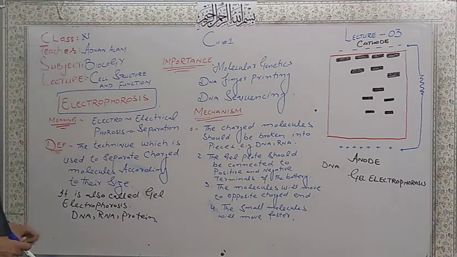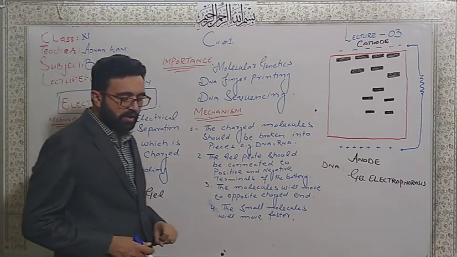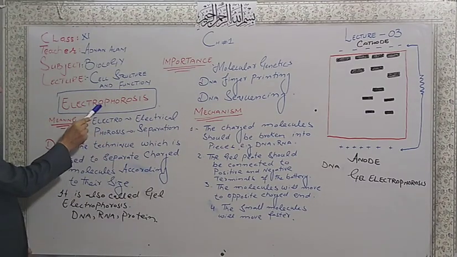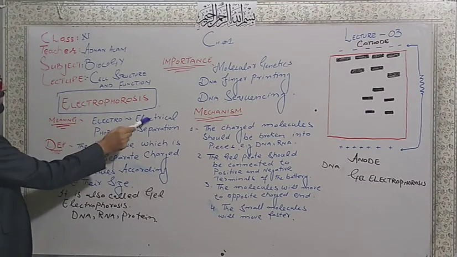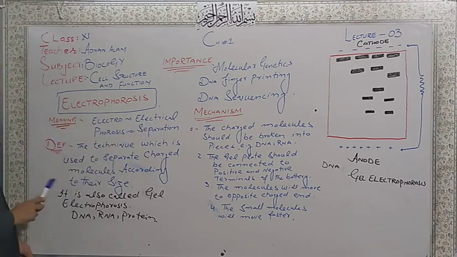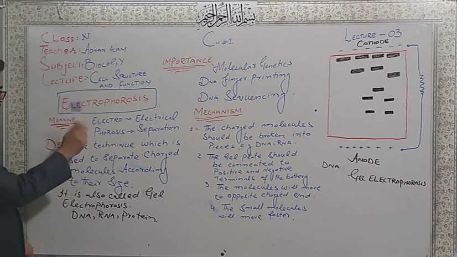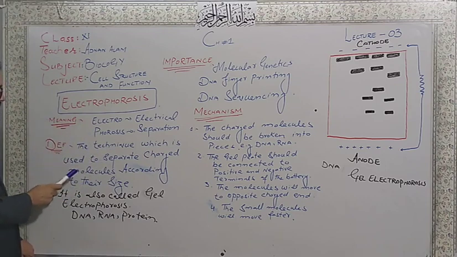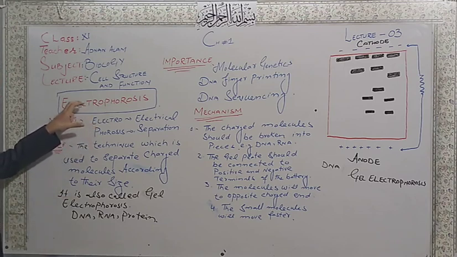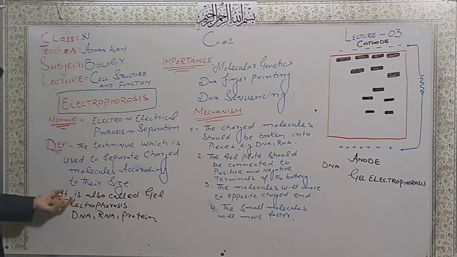The topic is electrophoresis. Electrophoresis is the combination of two words, electro being electrical and phoresis being separation. So by definition, the technique which is used to separate charged molecules according to their size is called electrophoresis.